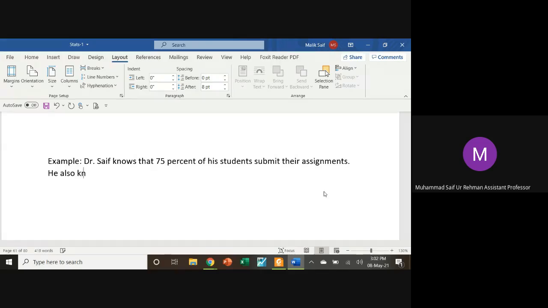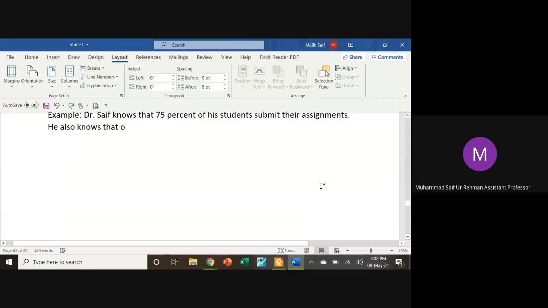He also knows that out of those 75%, or you may write down, out of those who submit the assignment, so it is understood that those are 75%, pass the course, let's say this course, or the statistics course, or simply you may write down pass the examination.